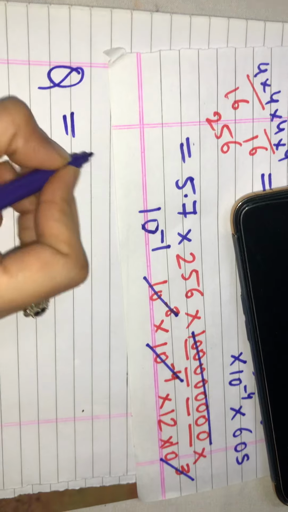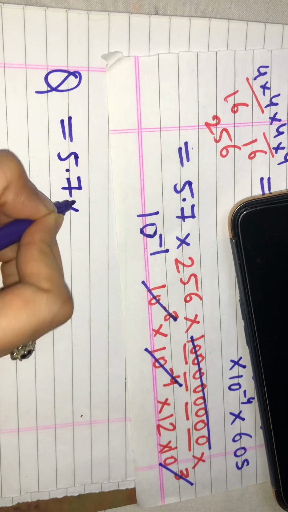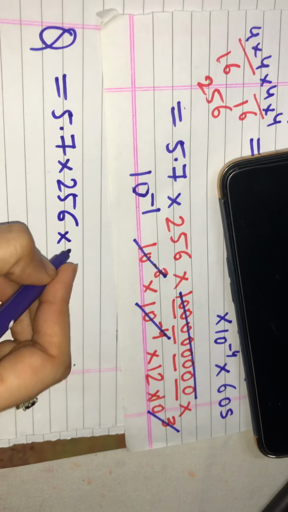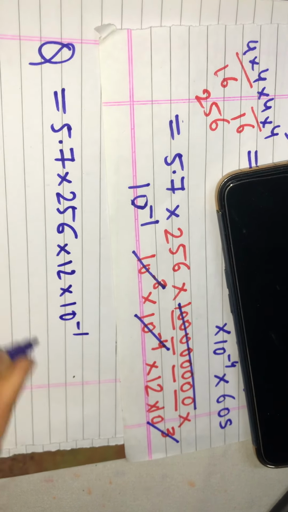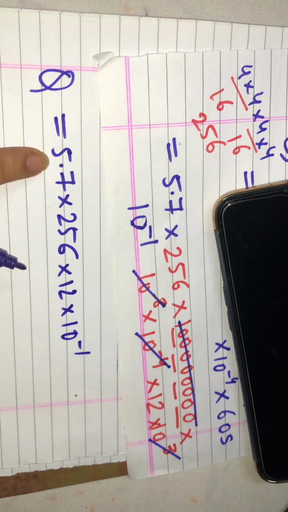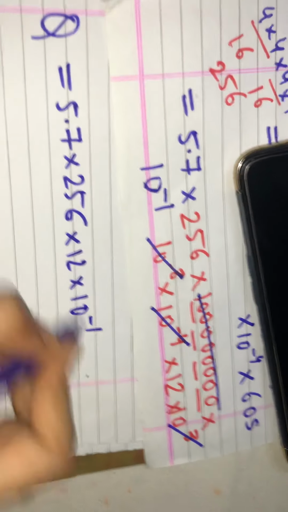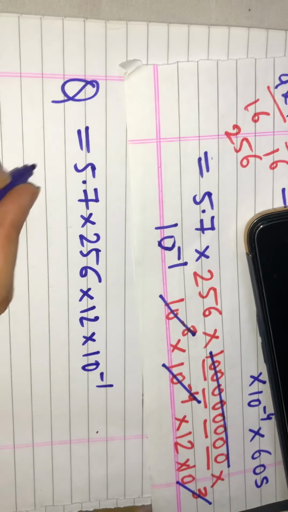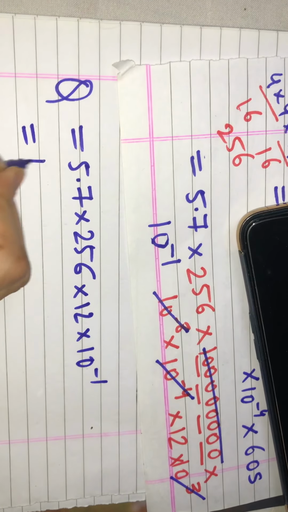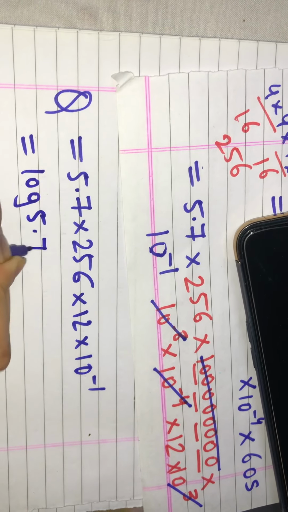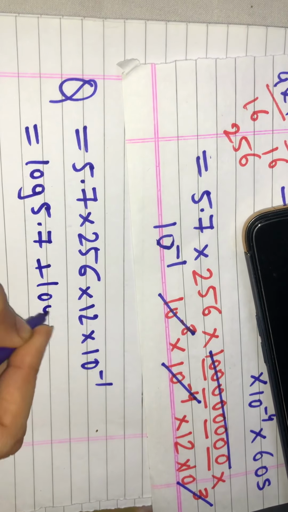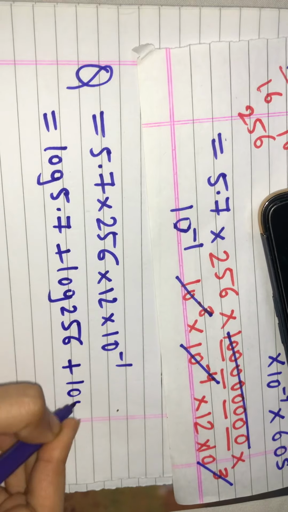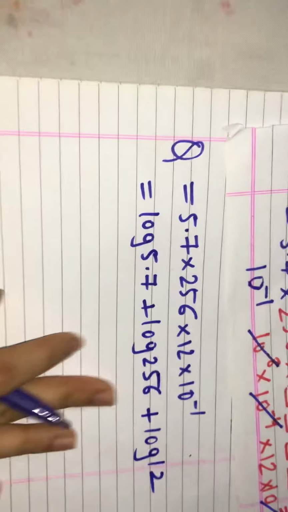So Q is equal to 5.7 into 256 into 12 into 10 raised to minus 1. We'll multiply this. Instead of multiplying, we can go with log. Log of 5.7 plus log of 256 plus log of 12.